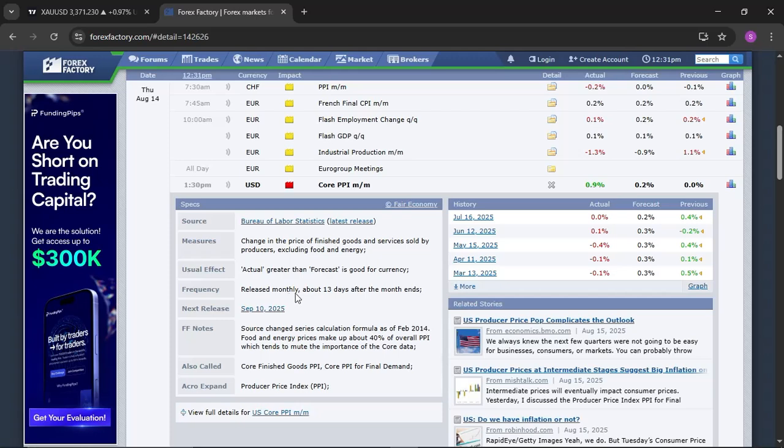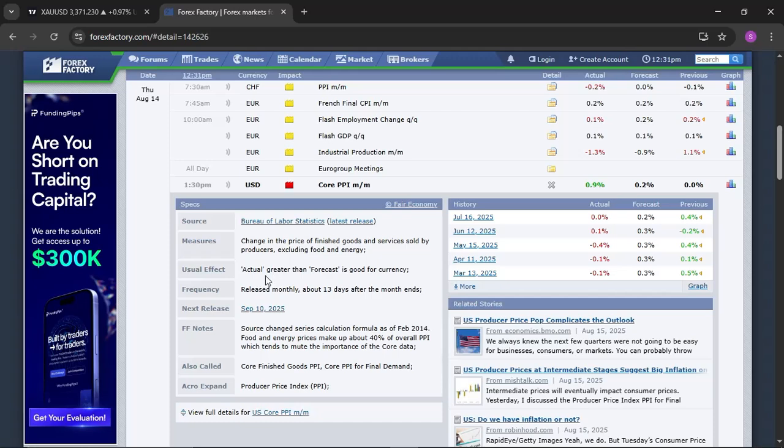Every month they release it, about 13 days after the month end. After the 13th day after the month end, that's when they release it, once in a month. So the next time they are going to release this news is next month, which is September 10th, 2015. These are the things you need in this news.